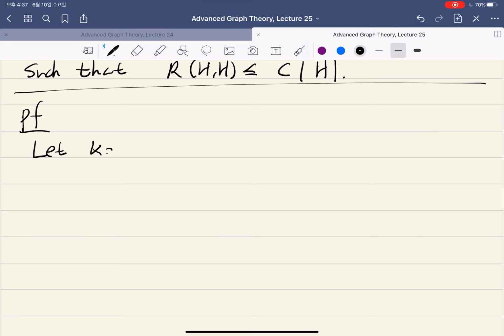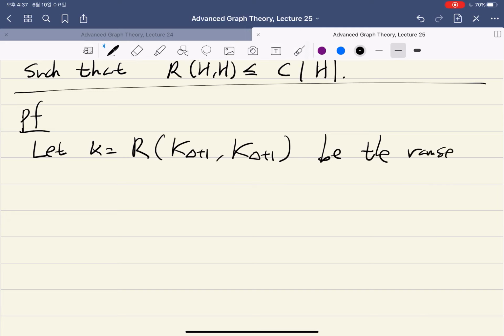So for that, we first consider the Ramsey number of the complete graph on delta plus 1 vertices, K_{delta+1}. Let k be this Ramsey number.